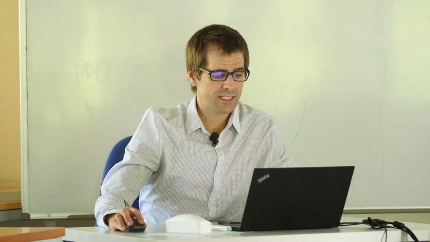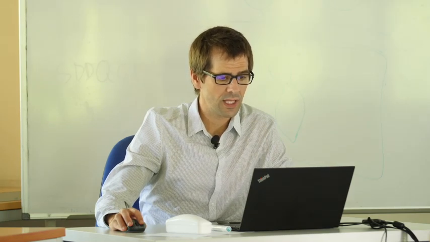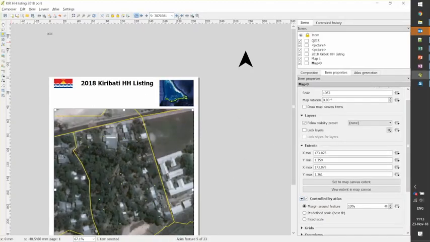We can just select one and print it, but rather than clicking on the atlas menu, you go here to export to JPG or PDF or SVG. So to export one by one or print one by one, we go here, and if we want to make a bulk export of the complete atlas, we click here.